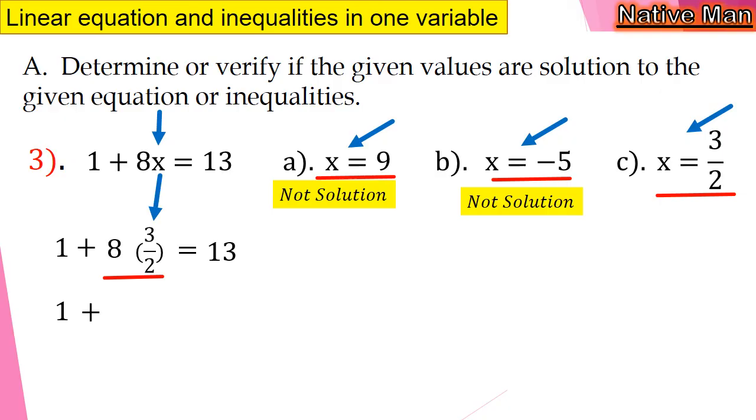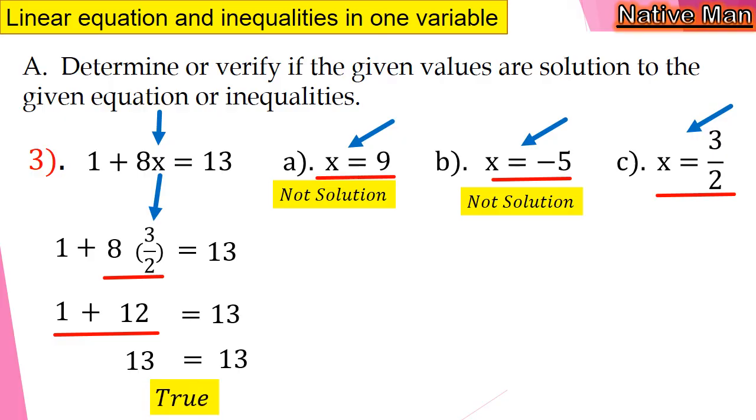Multiply po muna 8 times 3 sa numerator. 8 times 3 is 24. And then divide sa denominator na 2. So, 24 divided by 2 is 12. Is equal to 13. And then, add 1 plus 12 is 13 is equal to 13. Is 13 equal to 13? Yes, it's true. So, mean to say, yung value ng x na 3 over 2 ay solution ng given na equation.